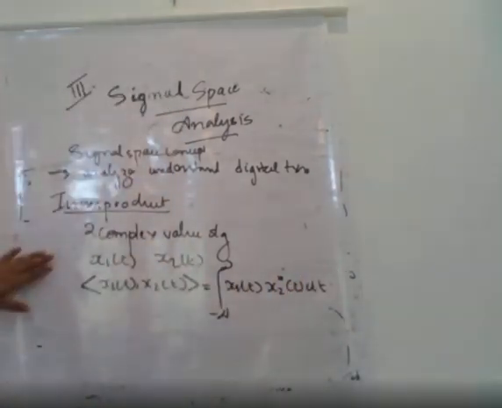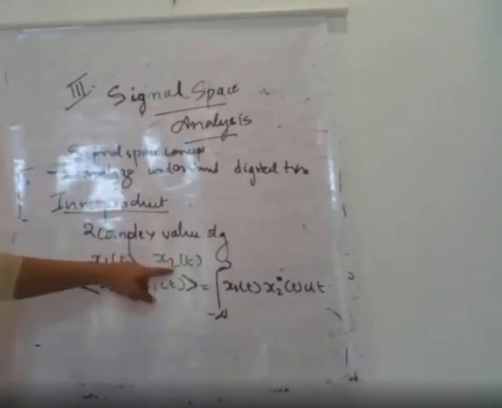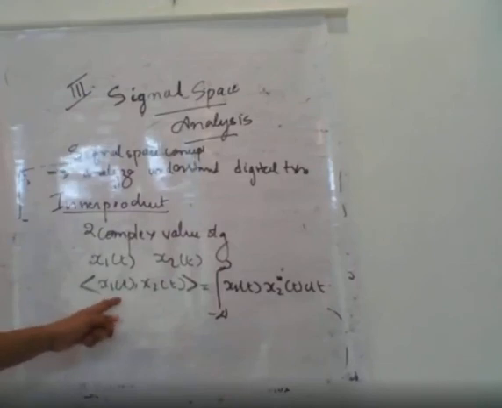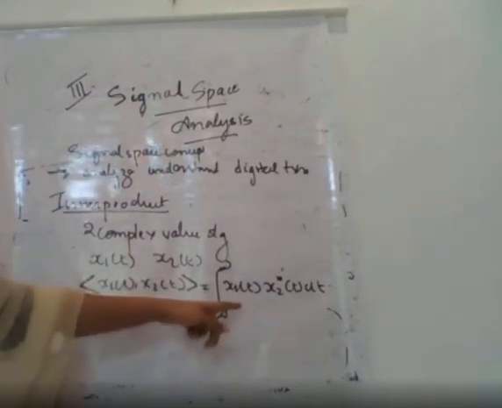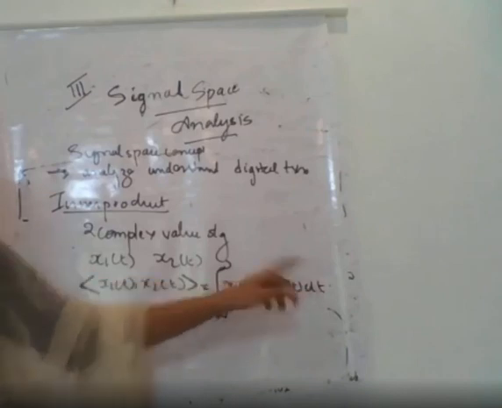This is how we calculate the inner product of two complex valued signals. The inner product of x1 of t and x2 of t is the integral from minus infinity to infinity of x1 of t times the conjugate of x2 of t dt.